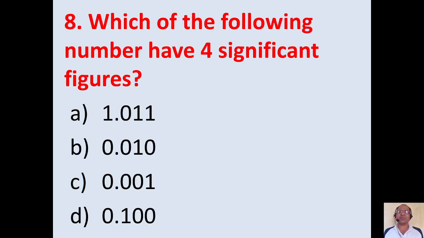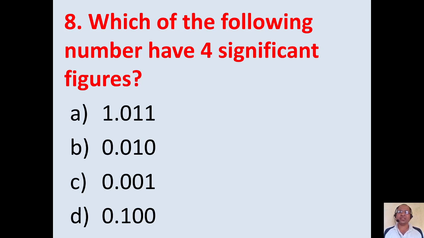Which of the following numbers have 4 significant figures? For all these numbers we have to find out the significant figures. Starting from the last number, 0.100, it is less than 1, so the first 0 is not significant. The last 2 zeros are terminal zeros, so they are significant. So option D will have 3 significant figures. Option C, again it is less than 1, the first 3 zeros are not significant, so this will have only 1 significant figure.